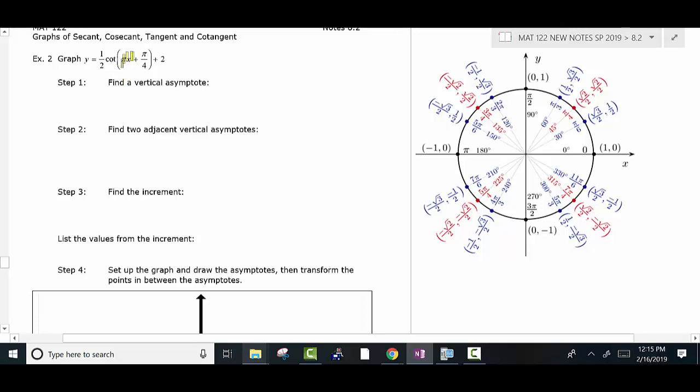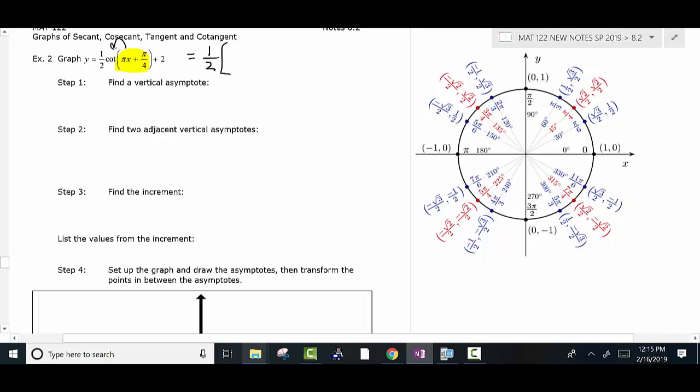Now again, you don't have to worry about a factored form. It doesn't make any difference. The phase shift and everything is going to be figured into your calculations. Now if I want you to find the phase shift, then you would want to factor that out. I'm going to do this just so that, as we get our final answer, you can see how the phase shift affected it.